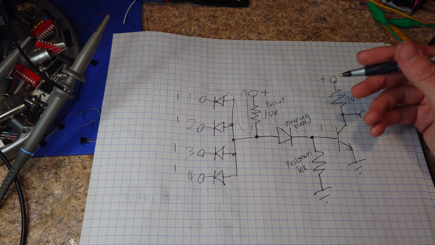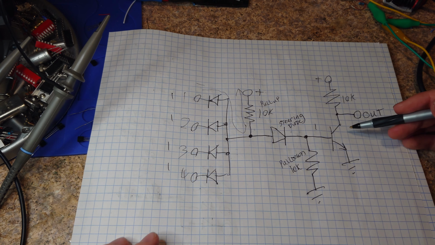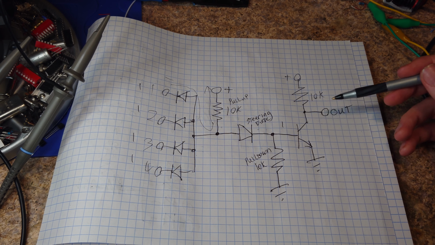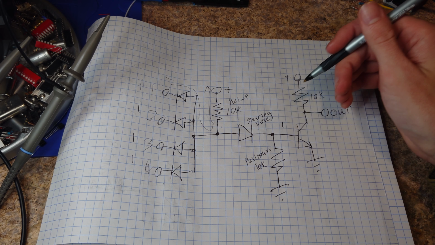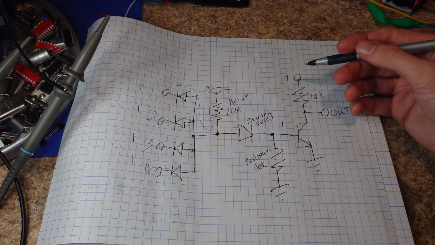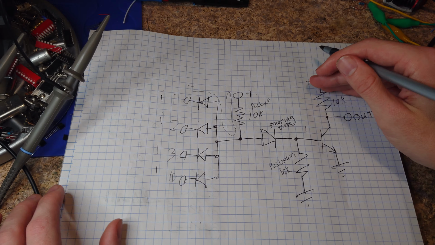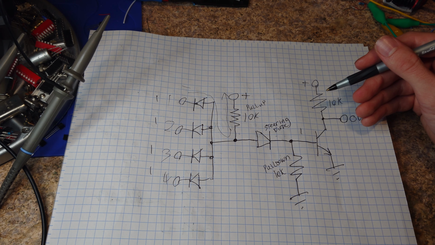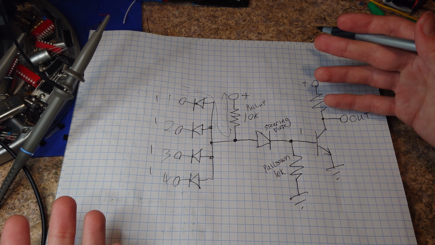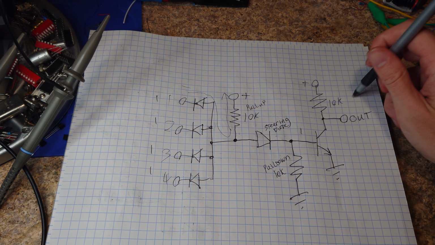But we need to be a NAND gate, which is what this transistor here does. All this transistor does is invert whatever we have on the input on the output. That's it. If there was a way to implement this without needing a transistor, then you would see that a lot more.